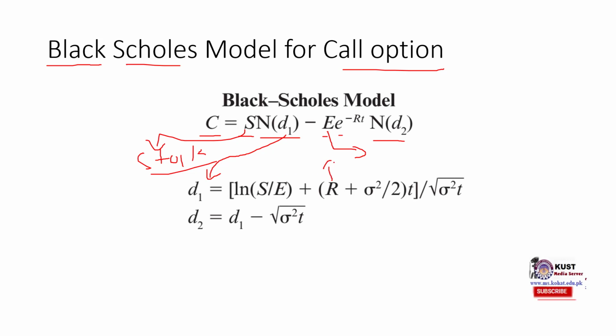Then we have risk-free rate, which is interest rate, again a determinant. This sigma square stands for variance, and variance is used to calculate the volatility, dispersion, variability, which was again a determinant. Time is a determinant, time to maturity.